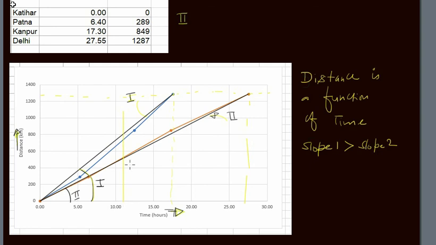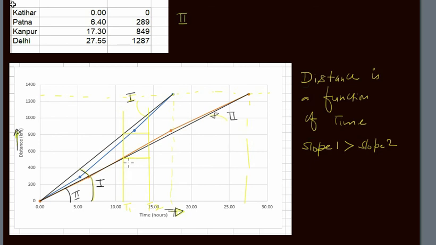So I'm drawing this. I call it T1 and this is T2. And I draw this line here on the second. Let me use a different pen, red.